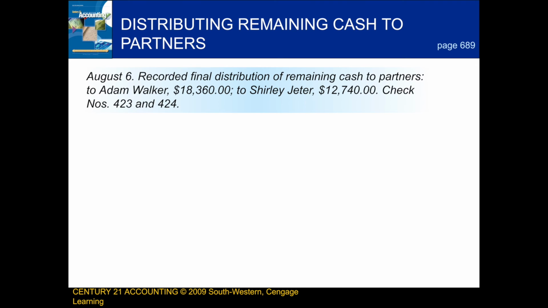The last thing that we're going to be talking about in this lesson is distributing the remaining cash to the partners. This last transaction reads, on August 6th, recorded final distribution of remaining cash to partners for Adam Walker, $18,360, and for Shirley Jeter, $12,740, check numbers 423 and 424.